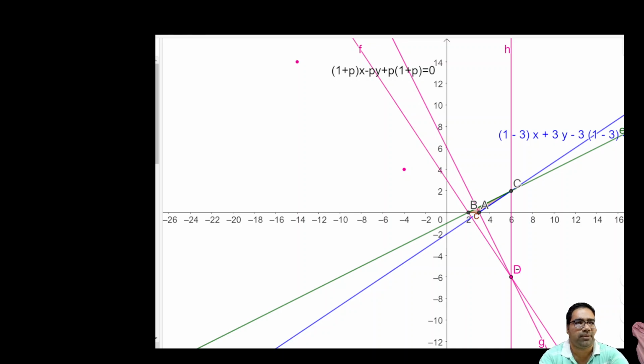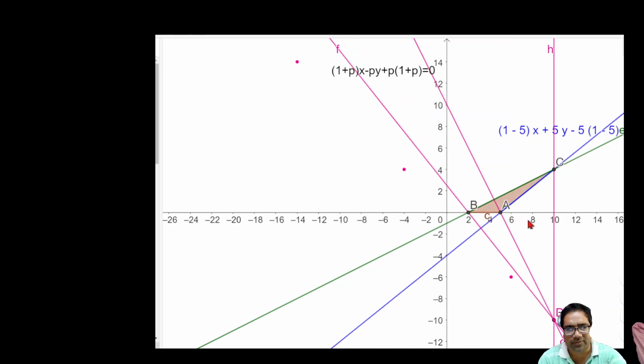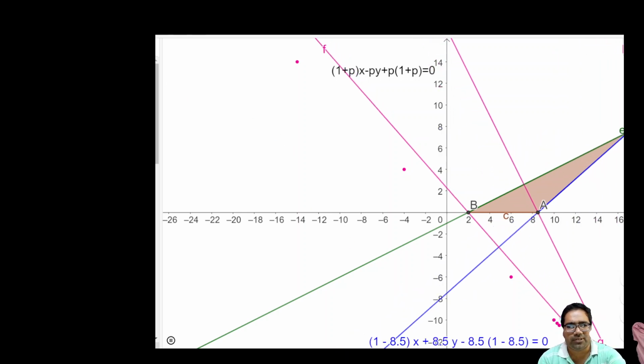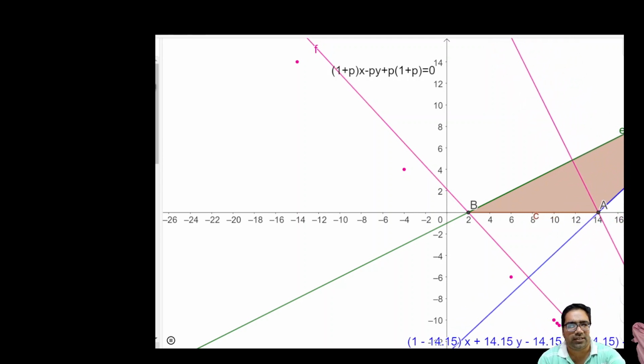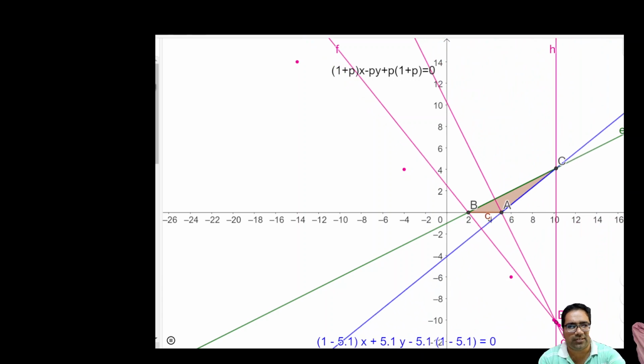Similarly, when p is −5, the x-intercept will be +5, and the y-intercept will be p + 1, that is −5 + 1, which is −4. So basically, this line with p is moving like this.